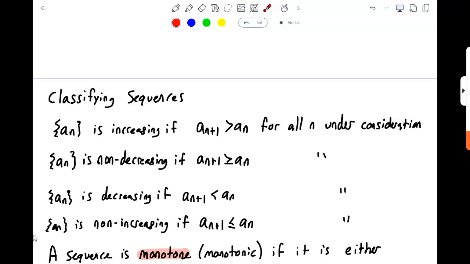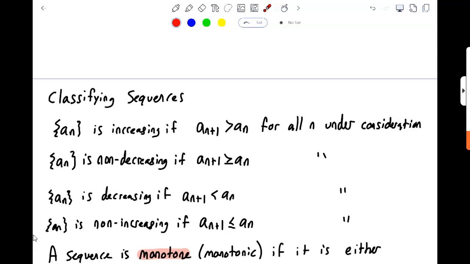We continue and say that a sequence is decreasing if the values get smaller as you progress through the sequence. As you go further to the right in the sequence, the values keep getting smaller. That's called a decreasing sequence. And if we allow the inequality less than or equal to, then it becomes a non-increasing sequence.